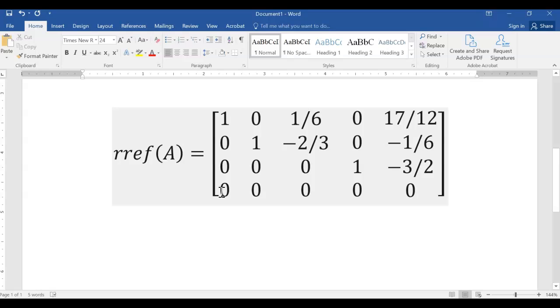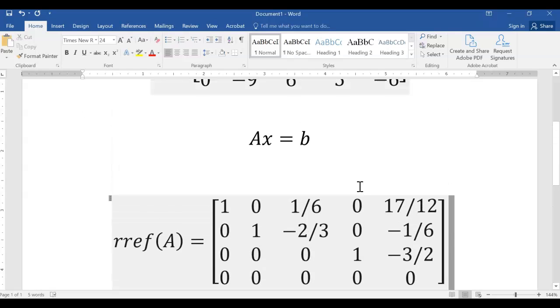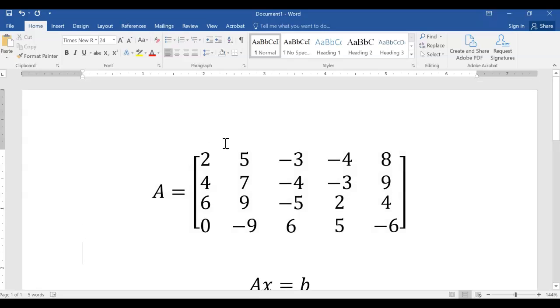Notice that column 1, column 2, and column 4 are pivot columns. That means in the original matrix, we could have put column 1, column 2, and column 4 into a basis for the column space of A, because that means these other two are sort of redundant. They can be created using linear combinations of the other columns. So columns 1, 2, and 4 would serve as vectors for the column space.